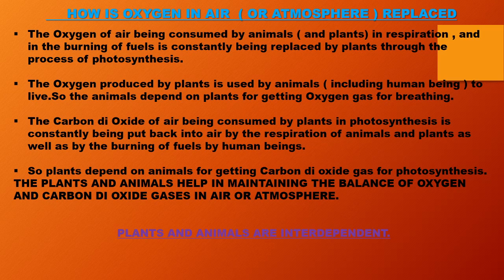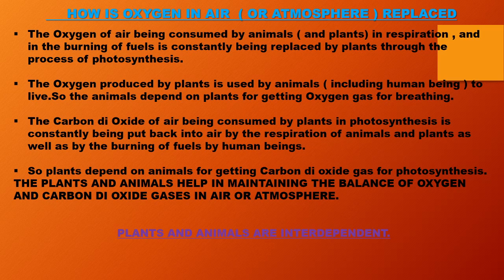Now we have discussed that plants keep on using carbon dioxide. Why do they use carbon dioxide? Yes, in order to prepare food by the process of photosynthesis. And even then all the carbon dioxide of air does not get used up, though plants are constantly using it.